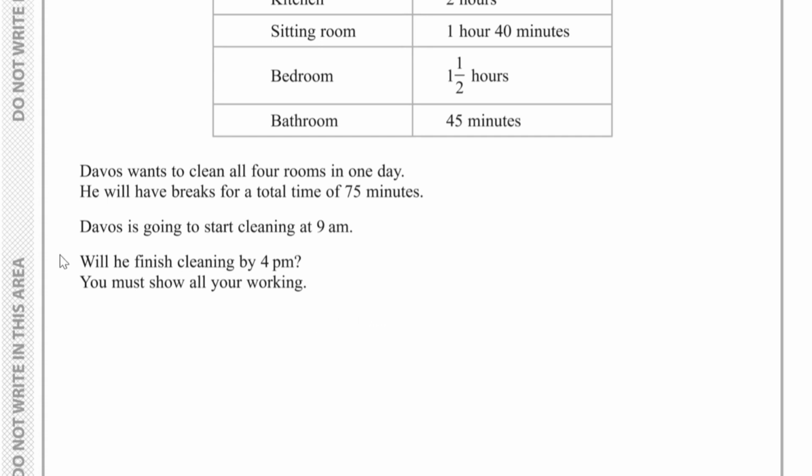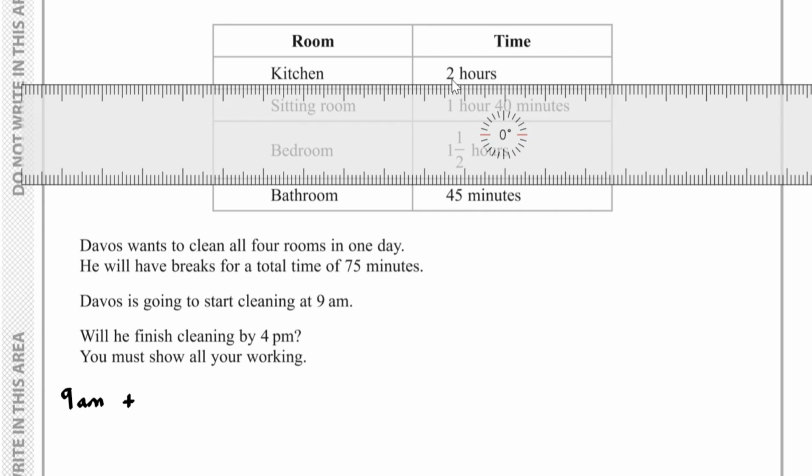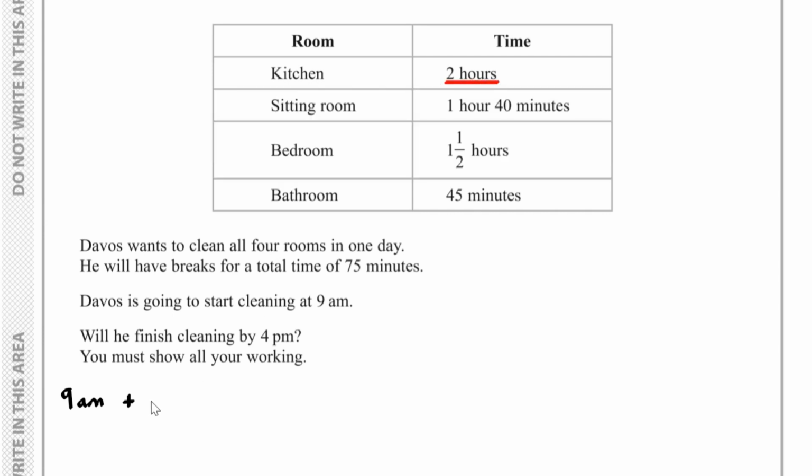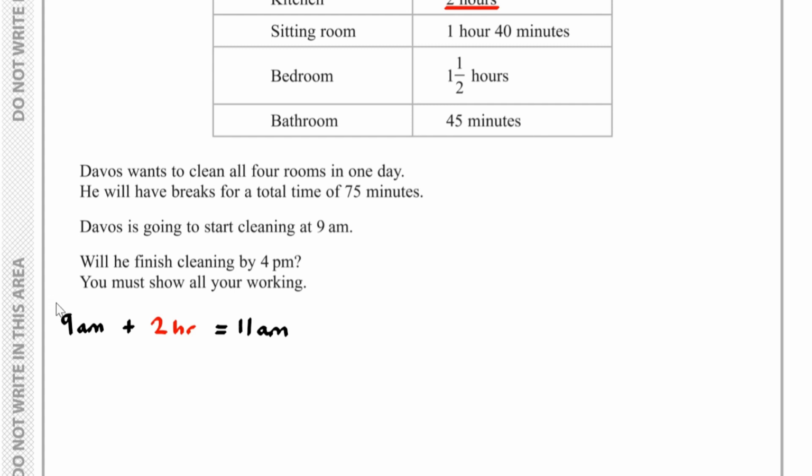Well, we've got 9 AM, and then what we need to do is add on the 2 hours it takes to clean the kitchen. So the time he finishes cleaning the kitchen is 11 AM. So he's cleaned the kitchen. And then he needs to clean the sitting room.